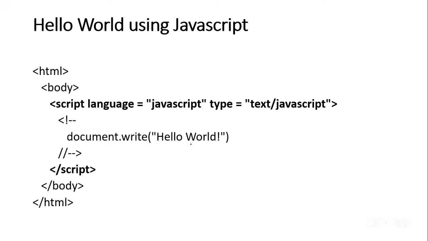Then, how to write JavaScript code and how to execute JavaScript code. I will show you a sample example to understand how to write and execute JavaScript code. Here we have two ways. We can write JavaScript as a part of the HTML code or as a separate file.